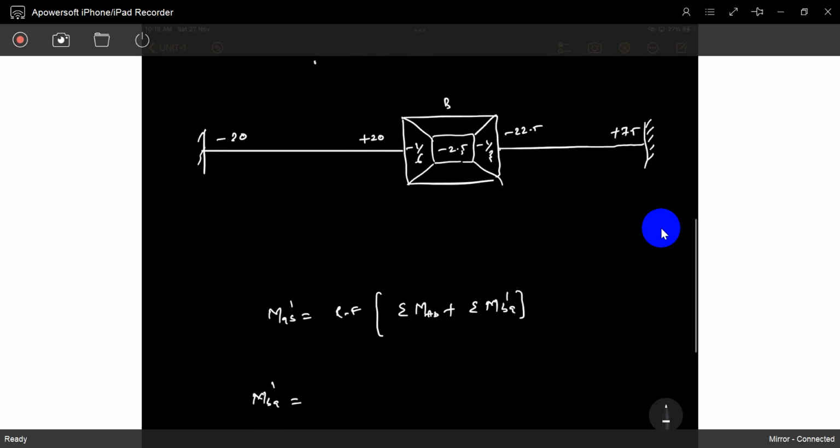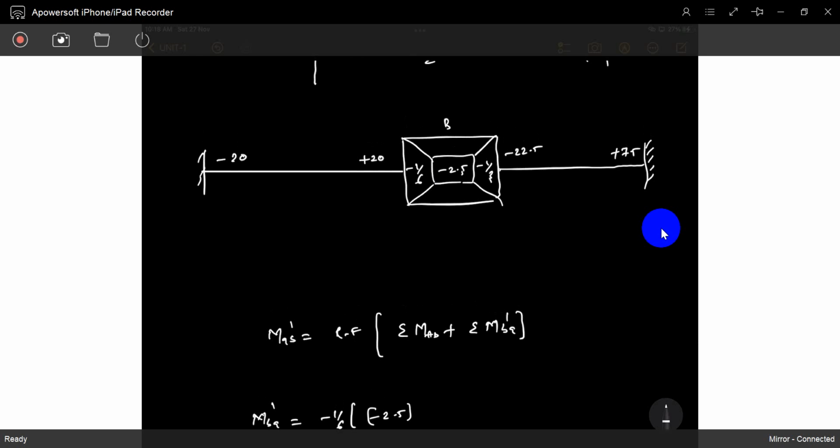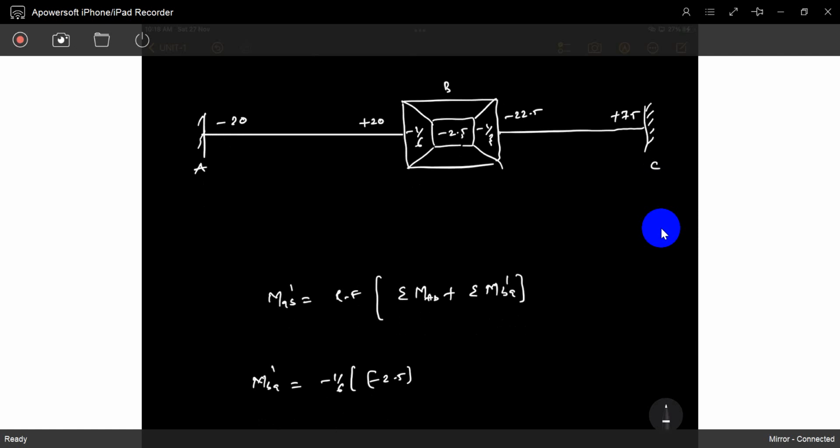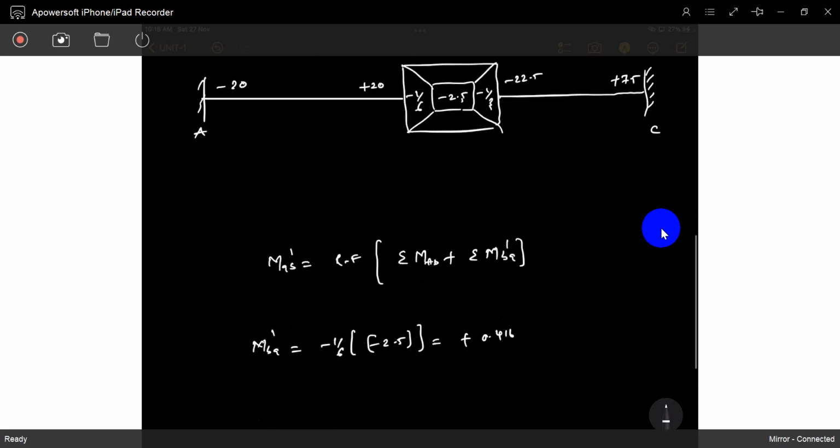Rotation factor is minus 1 by 6 and the sum of the fixed end moments is minus 2.5. Rotation contribution from the far ends: A is fixed, 0; C is also fixed, so nothing. It's plus 0.416.